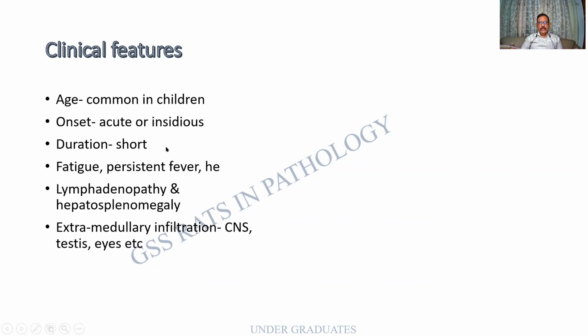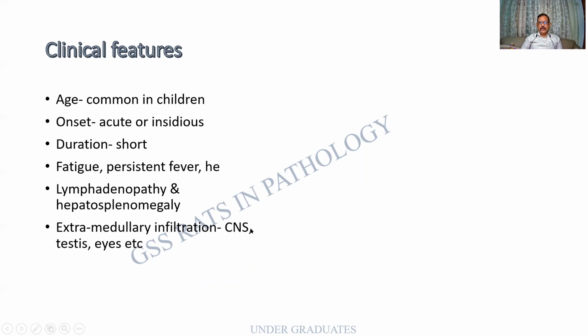The duration is short because the cells are proliferating and then there will be a compromise in the respiration, in the heart function, etc. There is fatigue, persistent fever, and there can be a lymphadenopathy and hepatosplenomegaly.